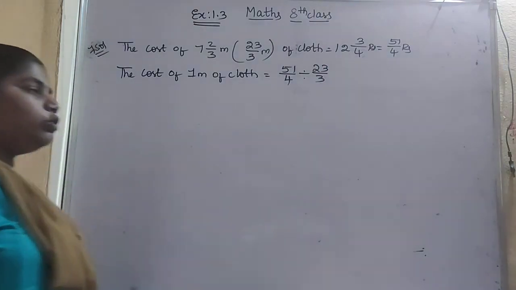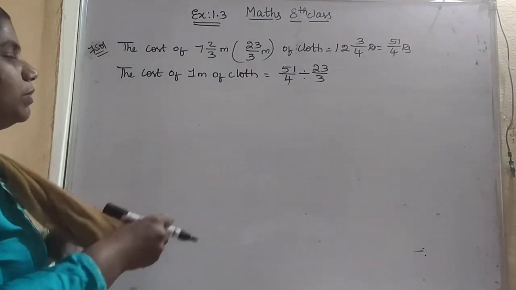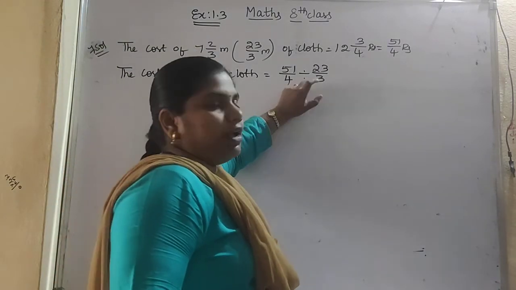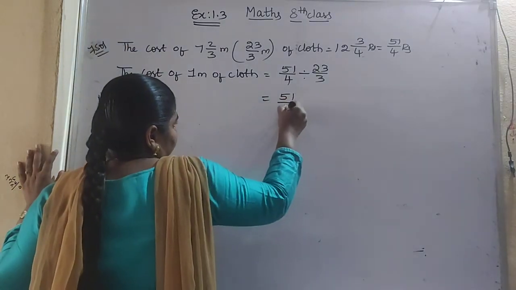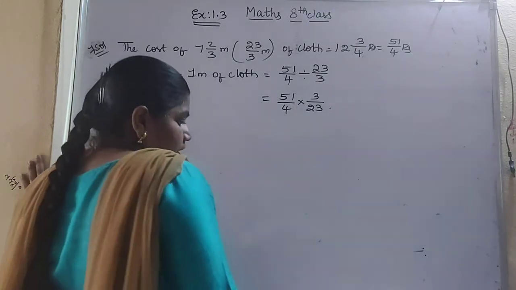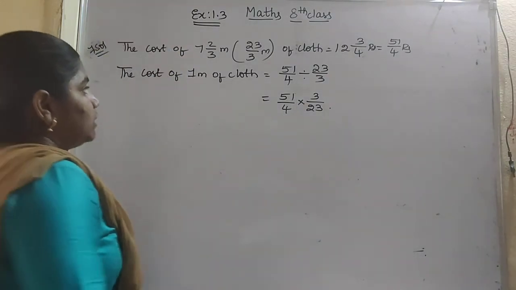So how to divide two rational numbers? Already I told you that division of two rational numbers means the division symbol will be converted to multiplication and the second term will be reciprocal, that is flipped. That is 51/4 into 3/23.